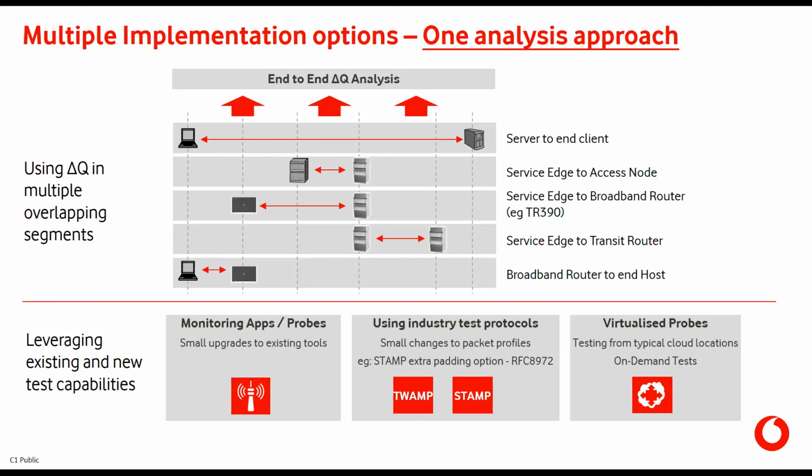So you feed all of that up, using lots of different locations and techniques, into one analysis capability, which gives us a single way of looking at the performance delivered to our customers end to end over the network and how each of the segments contributes to that performance.